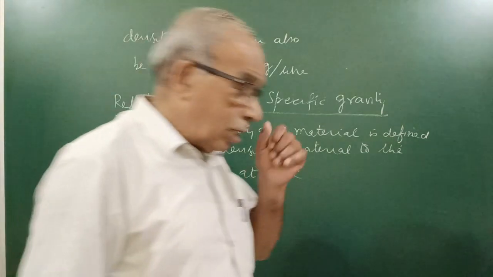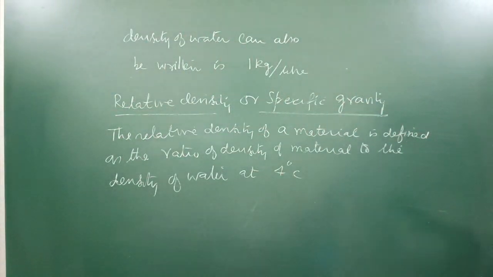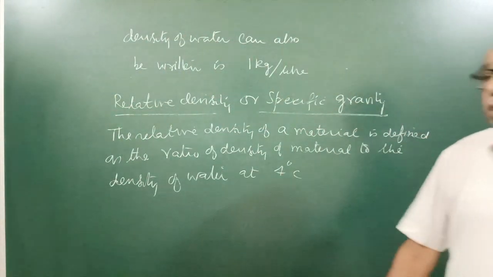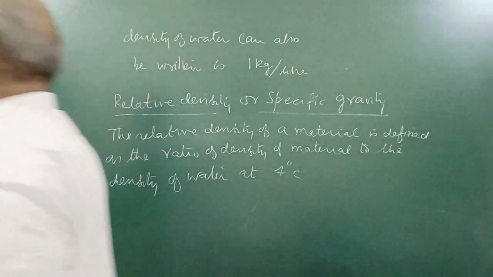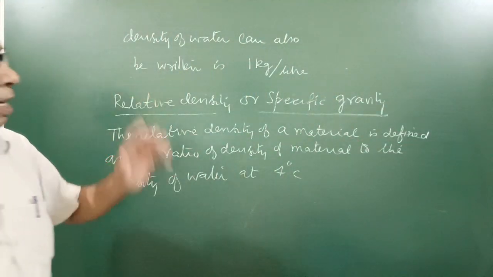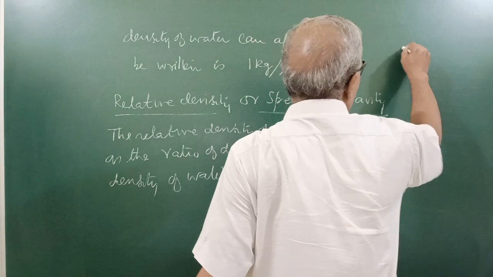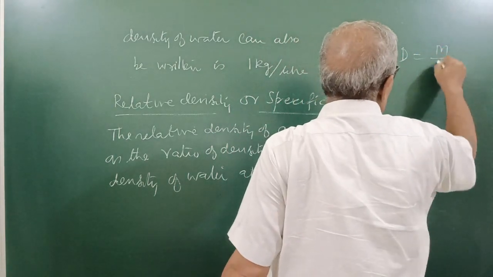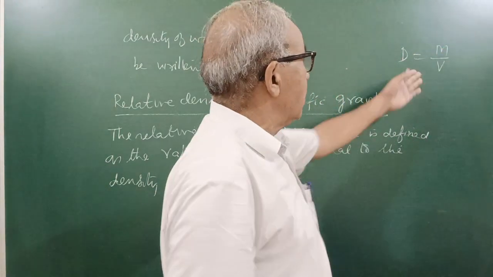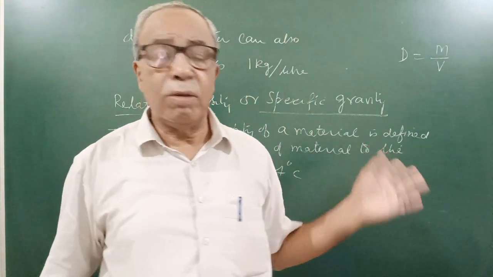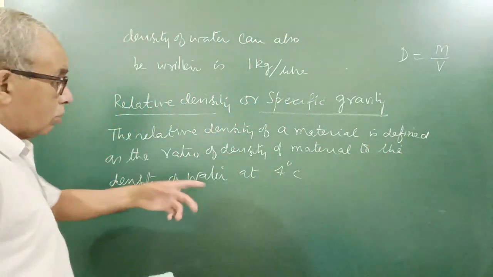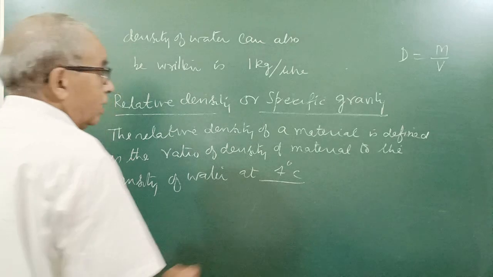Because density of water keeps on changing with temperature. You will learn thermal expansion. When a metal is heated, its volume increases, and density is mass upon volume. If volume increases, then density will decrease. So that's why it is set at 4 degrees centigrade.